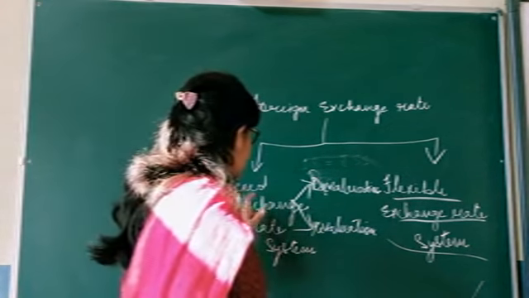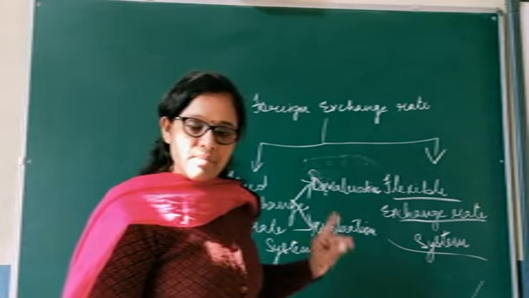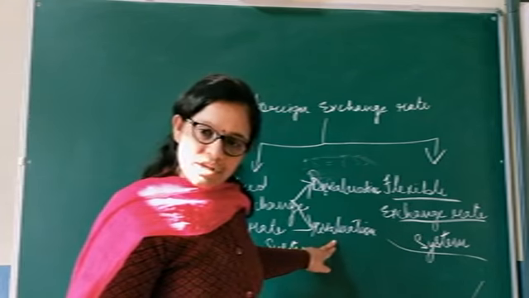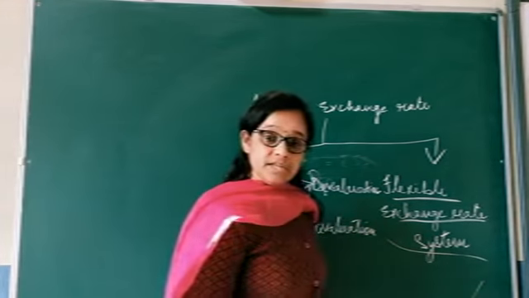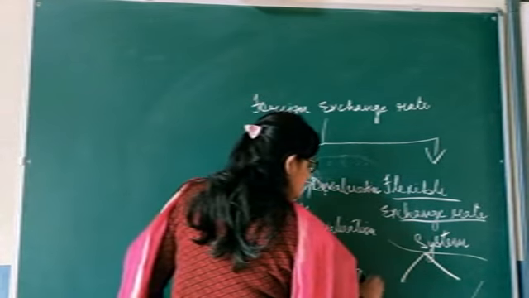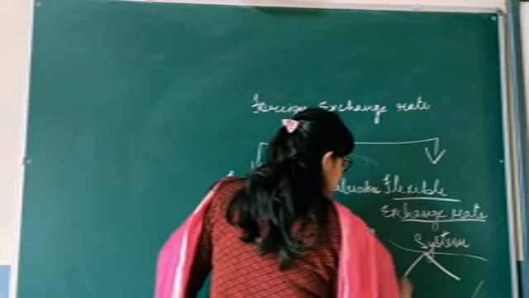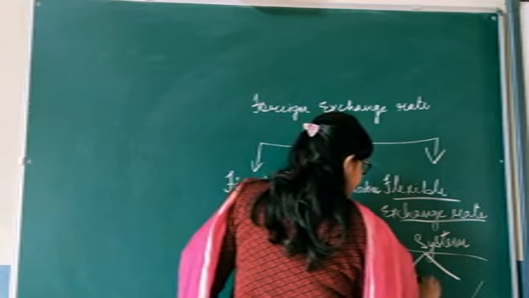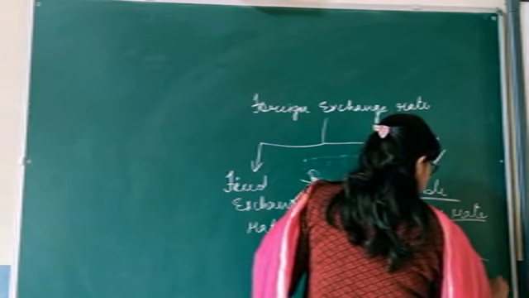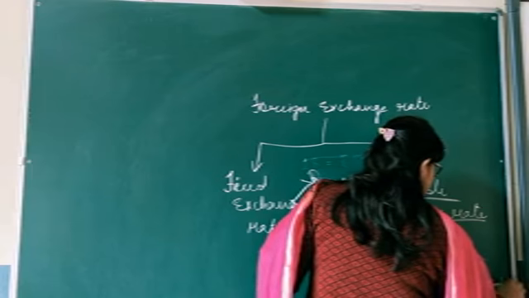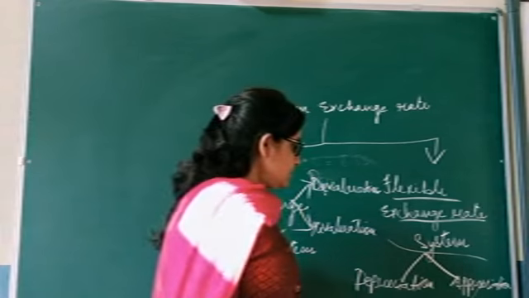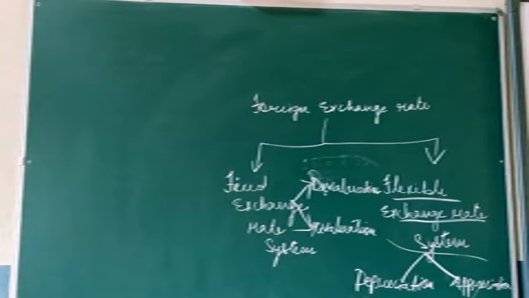Okay, so fixed exchange rate system determines two concepts, devaluation and revaluation. Flexible exchange rate system determines two things, depreciation and appreciation. Depreciation and appreciation, two words. Okay, now see this all of you once.